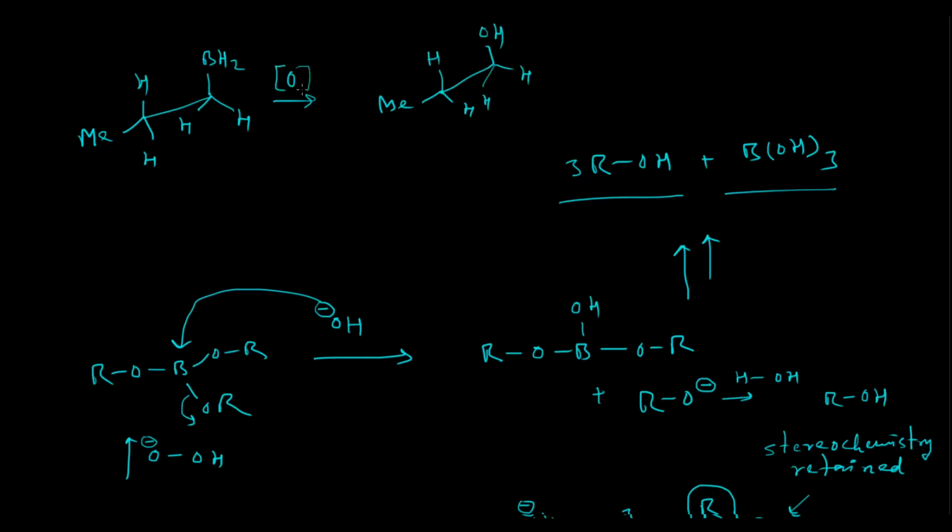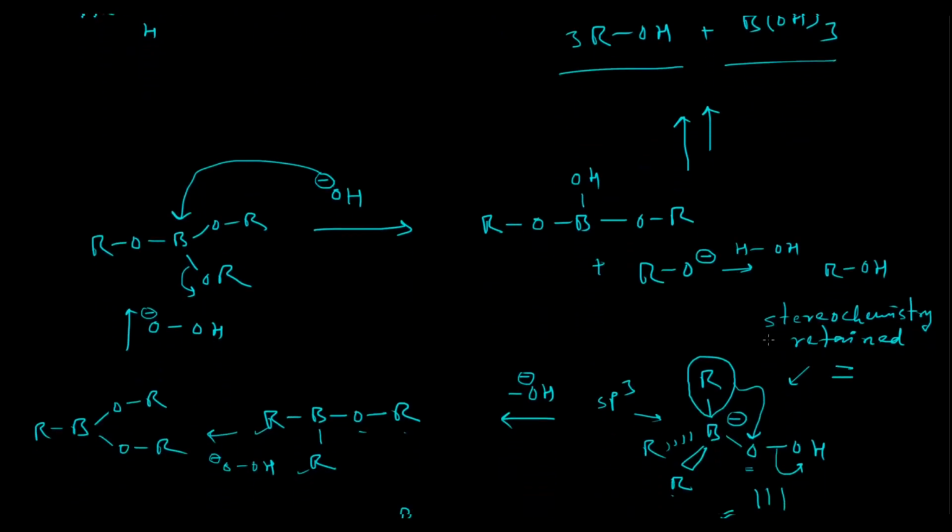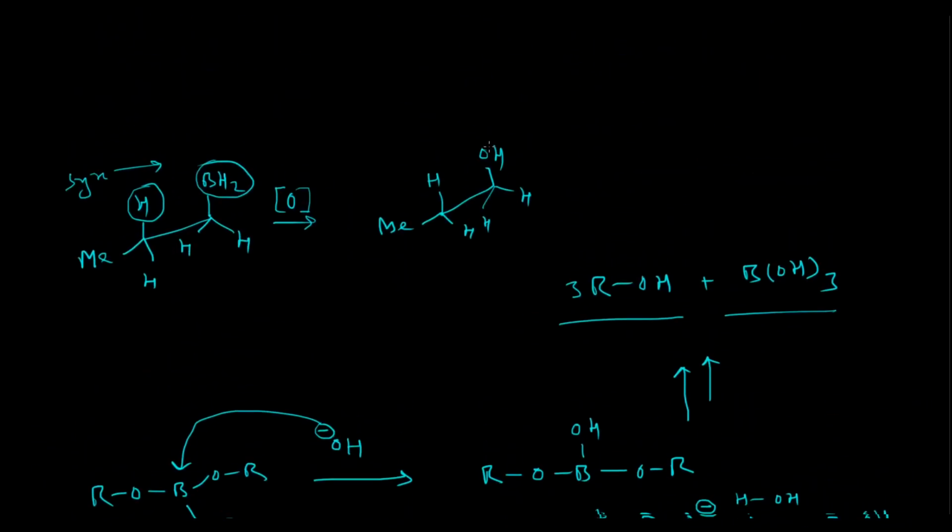By oxidation in the presence of hydrogen peroxide in aqueous sodium hydroxide solution. So we have started by taking this as the substrate. Here the syn relationship is between the BH2 and hydrogen, and since this oxidation step involves this type of migration, and during migration the stereochemistry is retained, in the product, which is the alcohol, the stereochemistry between this hydrogen and this OH, which was initially seen in the case of BH2, will also be retained.